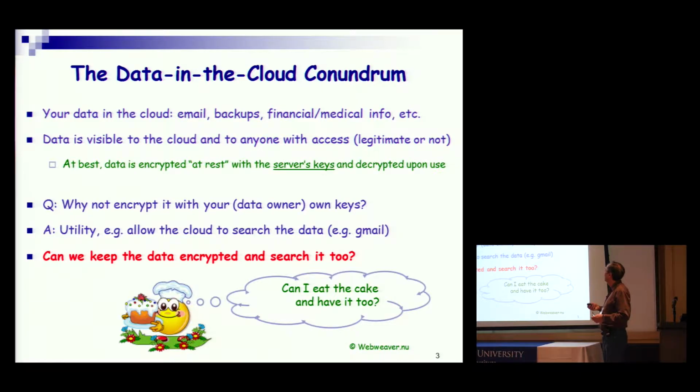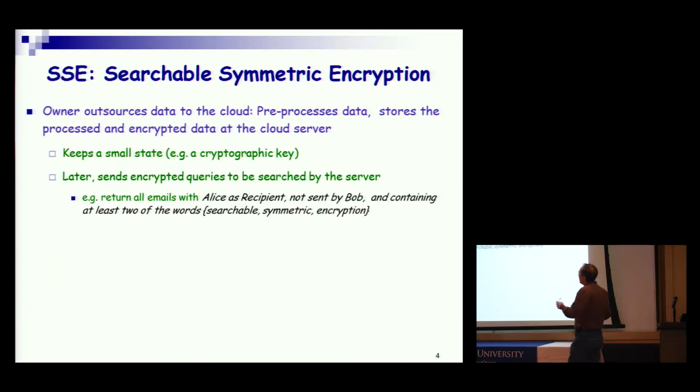So the question is, can we keep the data encrypted while still being able to search in it, again, without having to decrypt? This brings us to this notion of searchable symmetric encryption.